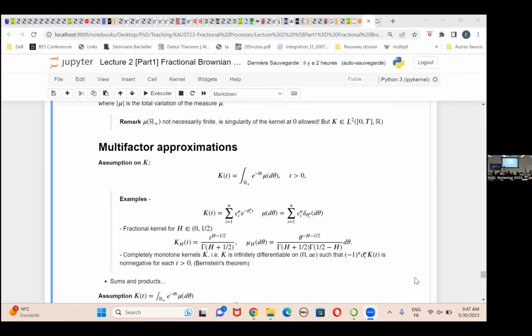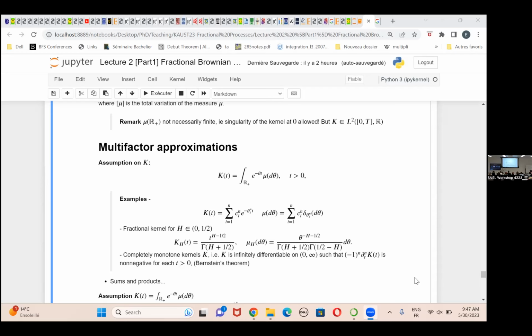What's more interesting is that the fractional kernel, with H less than 1/2, also admits this representation, with a particular measure which is now absolutely continuous with respect to the Lebesgue measure.